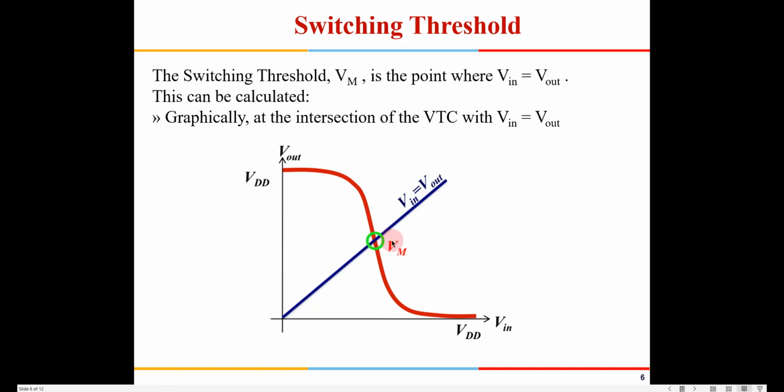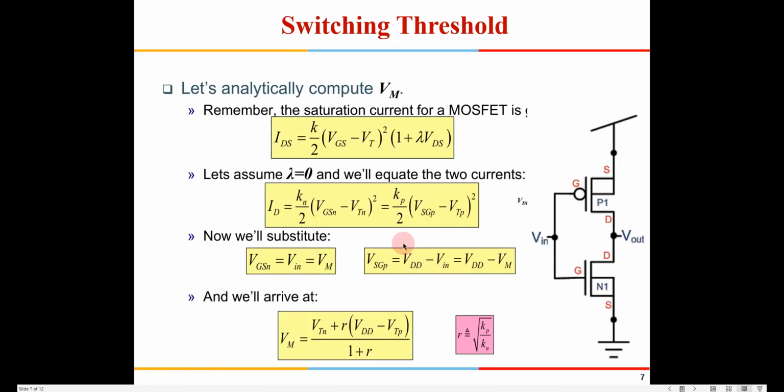Graphically, this is the point. More or less, if the voltage is below this, it will be off, although the noise margins will be different, as I explained earlier. So this is known as the inverter threshold voltage.